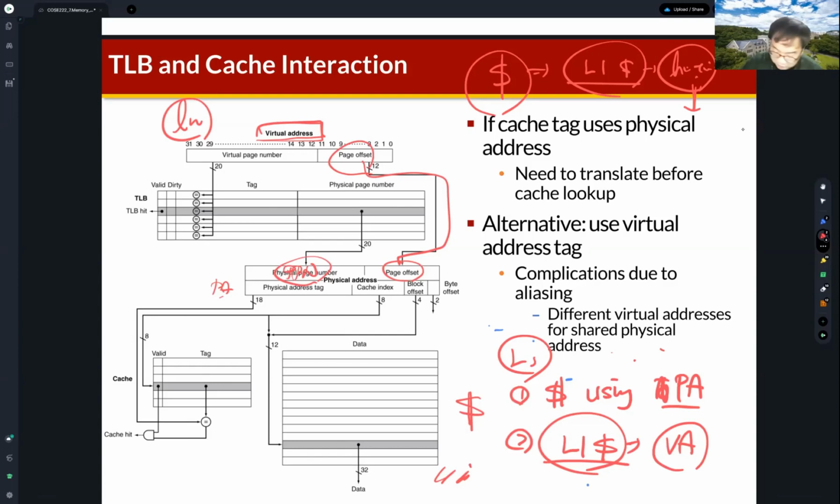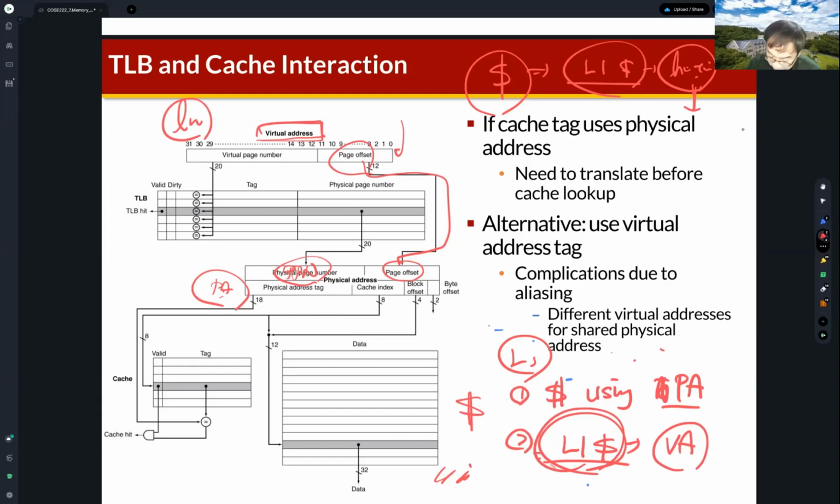The L2 cache is usually accessed by physical address, but if we access the L1 cache using the physical address, then we first need to access the TLB. In this case, the latency to the L1 cache is increased. So some CPUs access the L1 cache using virtual address.